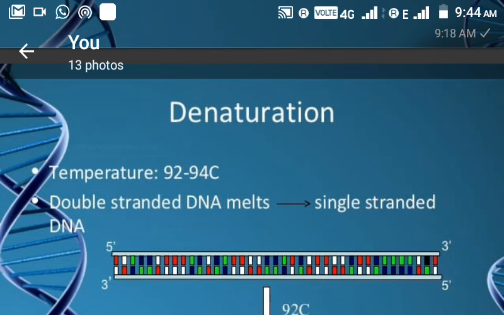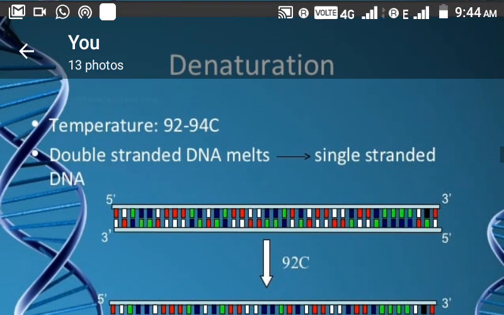Denaturation. This denaturation is nothing but the separation of DNA strands. Students, you might know that DNA is made up of two complementary strands, and these two strands are joined to each other with the help of hydrogen bonds. So in PCR, the first step, that is denaturation, both the strands get separated.